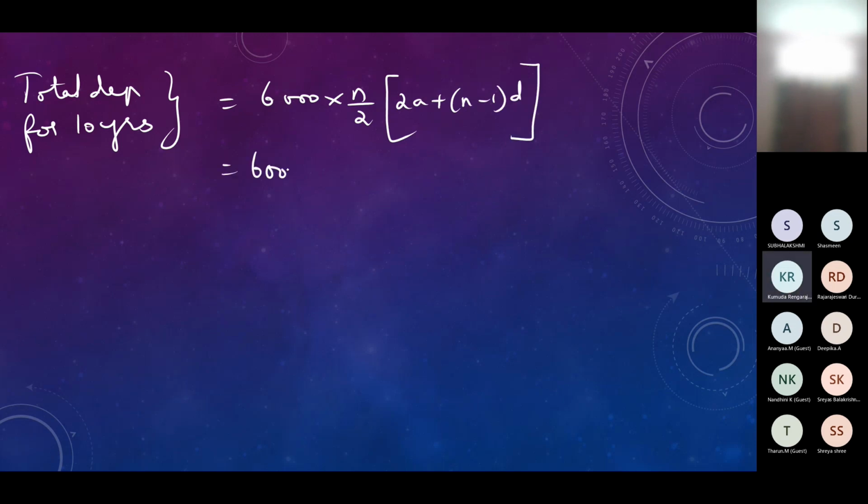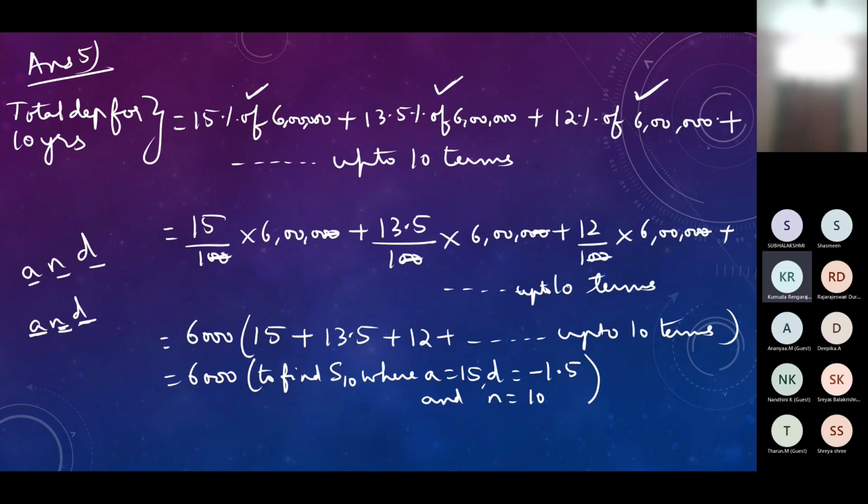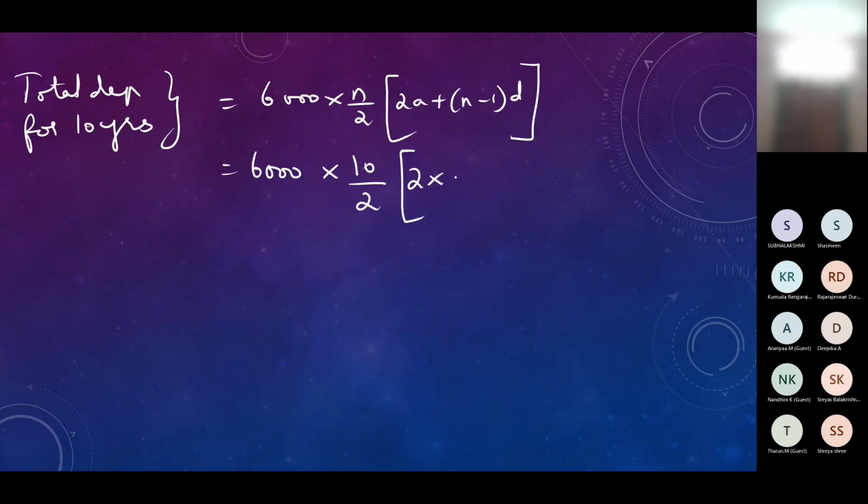So 6,000 into n, 10 by 2, of 2A, 2 into 15, plus n minus 1, 10 minus 1, into D, minus 1.5.